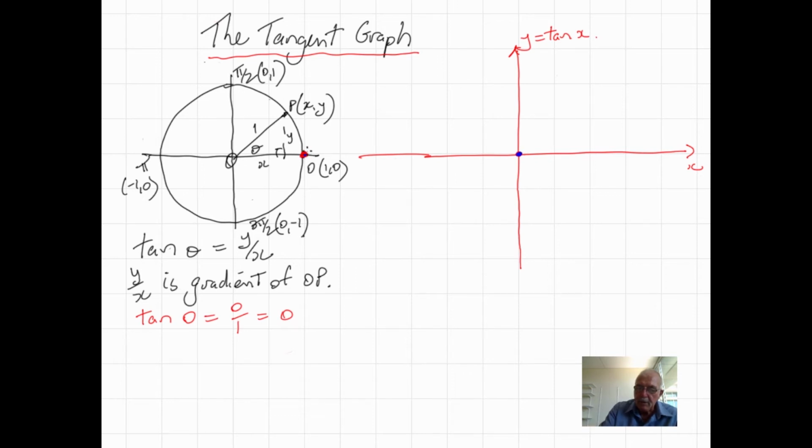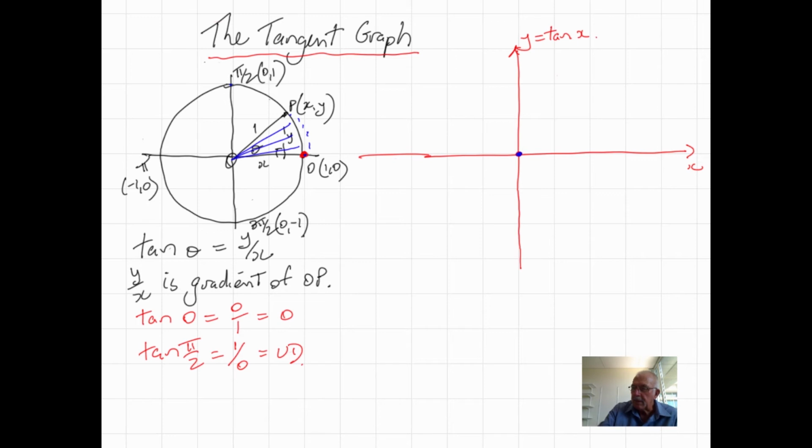So as point P moves from here up to there, you can see that the slope starts off very gentle and gets steeper and steeper and steeper. And what happens at pi on 2? So if we go back, tan of pi on 2 is my y, which is 1, over my x, which is 0, which is undefined. Division by 0 is undefined, so there is no y value here at pi on 2.